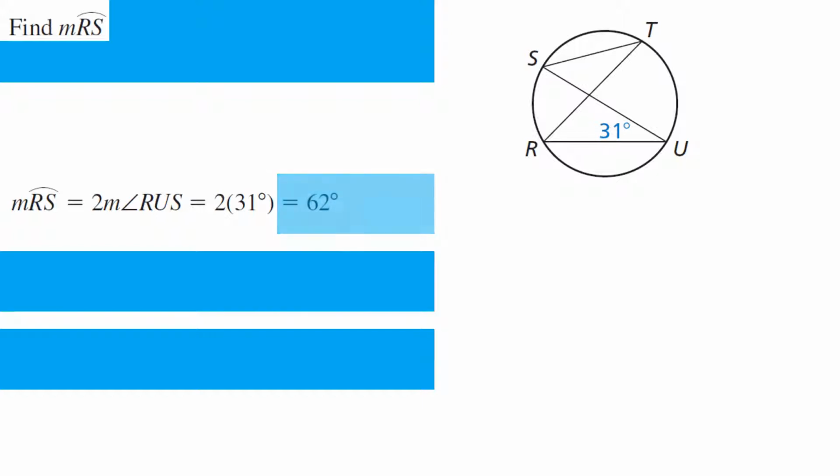So if I double 31 degrees, I get 62 degrees. Measure of angle STR. Now, how am I going to do that? I don't know the measurement of angle T. I mean, if I knew that measurement of angle T, then I could probably do something.